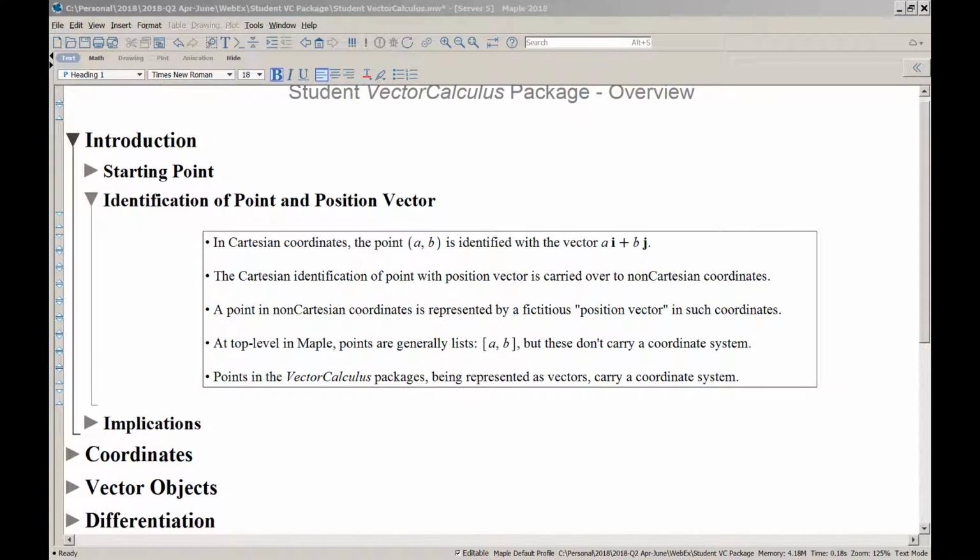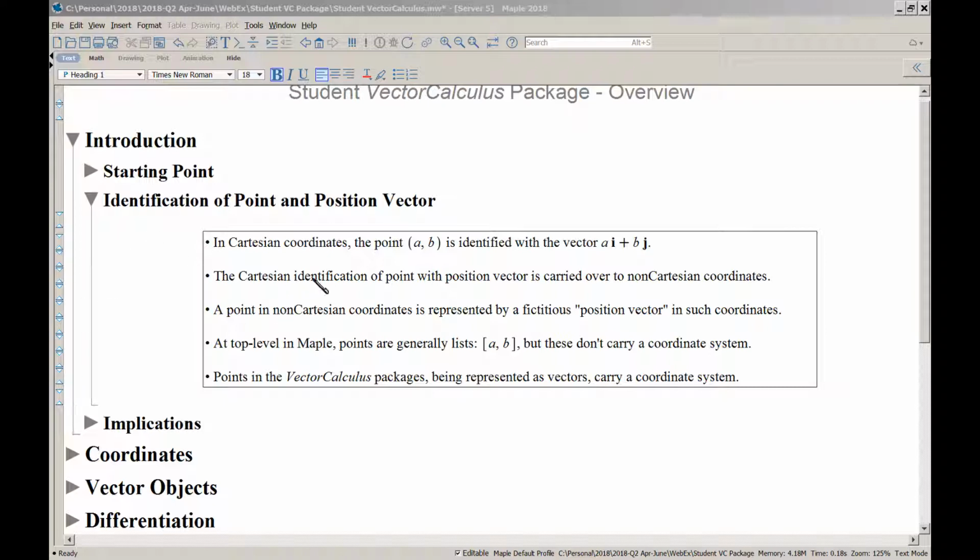A fundamental insight into what's happening here in this package is the identification of point and position vector, which we are familiar with in Cartesian coordinates. When you do a multivariate calculus course and you have that first unit on points, lines, vectors, planes, you make that identification in Cartesian coordinates.